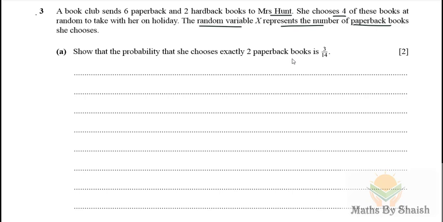So we can do this question in 2 ways. If you are using combinations, and x is the number of paperback books, it means we are finding the probability of choosing the 4 books out of 6 plus 2, that is 8, so it is 8C4.